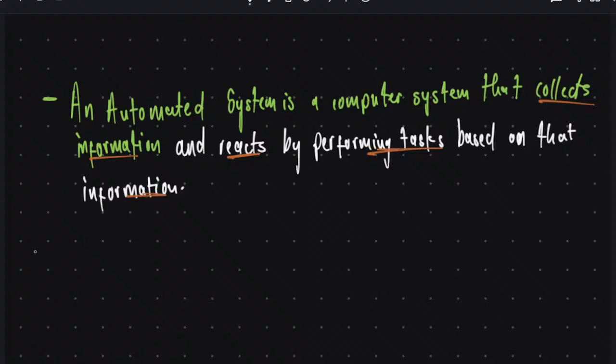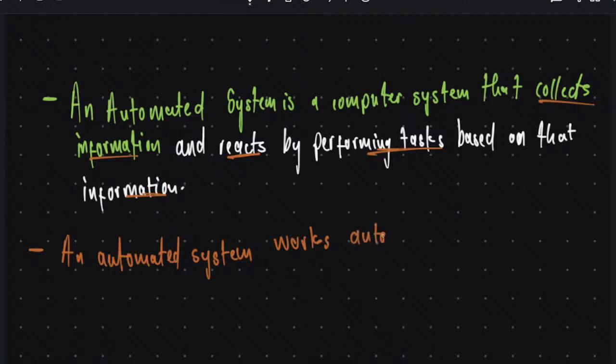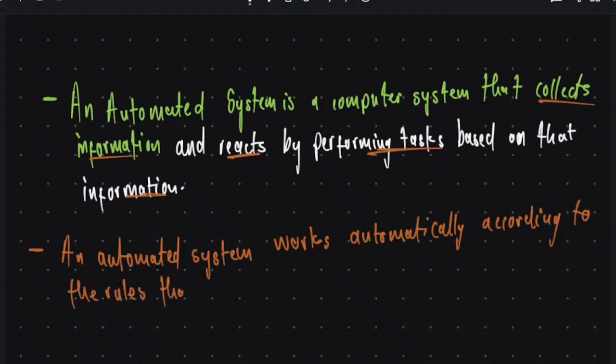An automated system, write this now. An automated system works automatically according to the rules that have already been programmed.